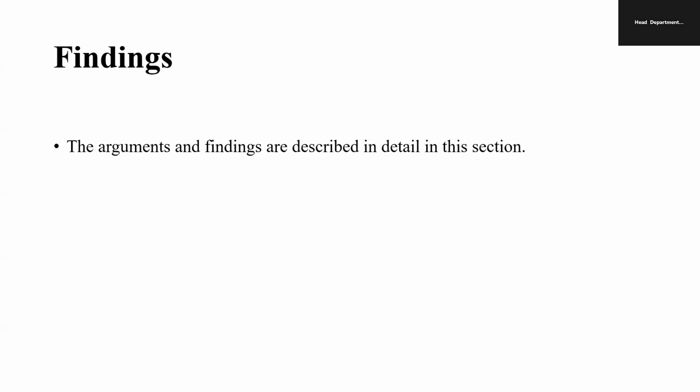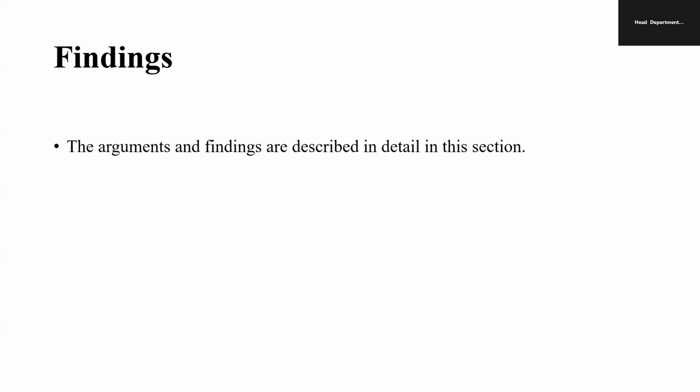Right, then under the findings, we can describe our research findings. Normally most of you are conducting regression analysis. Under regression analysis, we mainly conduct three analyses: descriptive, correlation, and finally regression. Then we have to give a summary of all these findings: descriptive statistics, correlation, and regression.